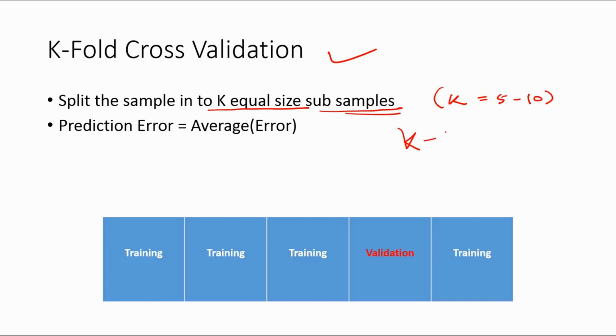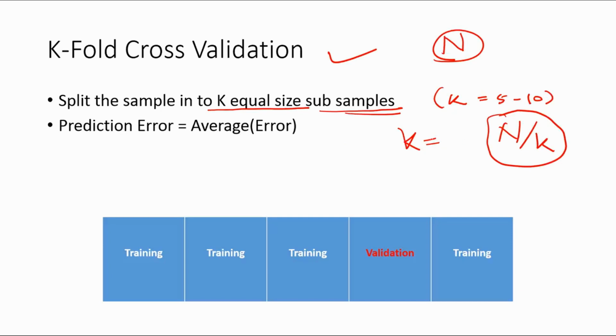It can take 1, 2, 5, 10, any number. In a sample, let's say there are n observations, and you have taken k subsamples. So the number of data points in each sample would be n by k, n upon k. Each subsample should have an equal number of data points.